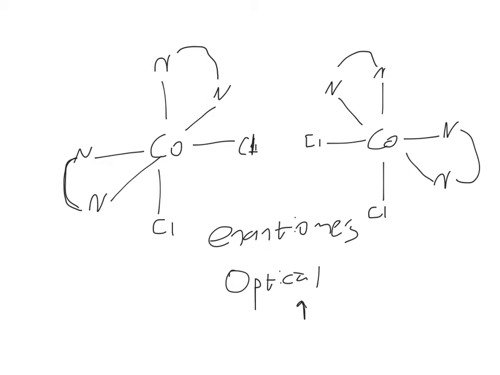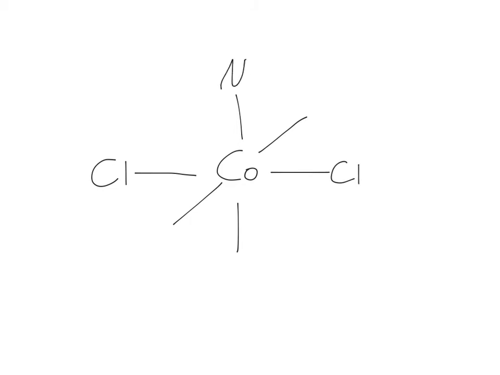There is, though, another type of isomerism in this molecule, and that's, well, what if these chloride ligands are not cis to each other? What if they are trans to each other? In that case, you would have a different molecule. So let's have these chloride ligands out the side, these bidentate N ligands along, if you like, the sort of waist of the molecule.